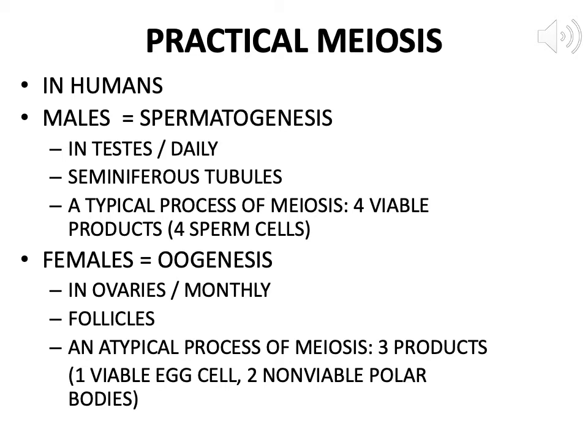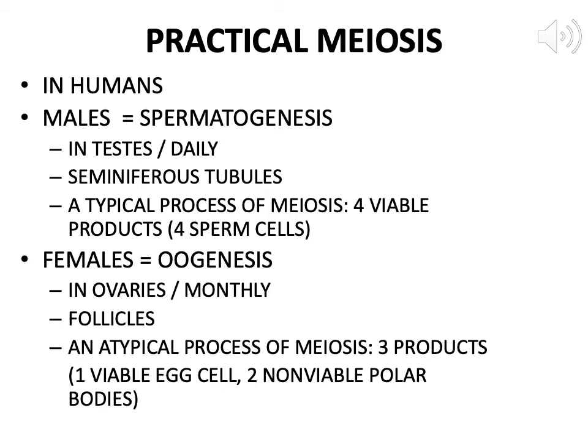But the idea is that in the female, the goal is to produce a single viable egg cell and make sure we maximize the cytoplasmic resources inside of that egg cell. But I still have to go through the process of meiosis.